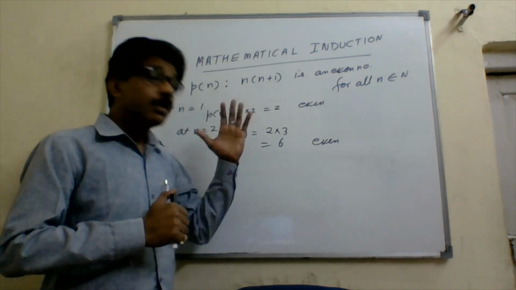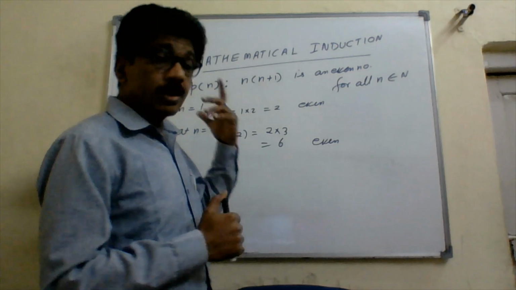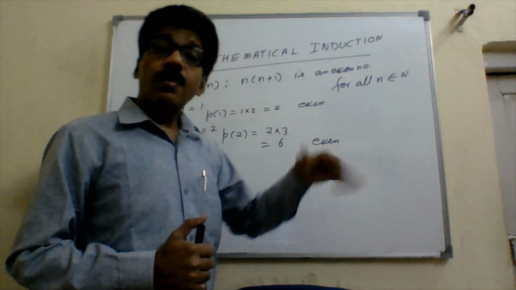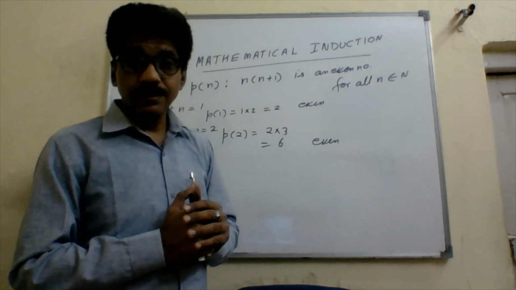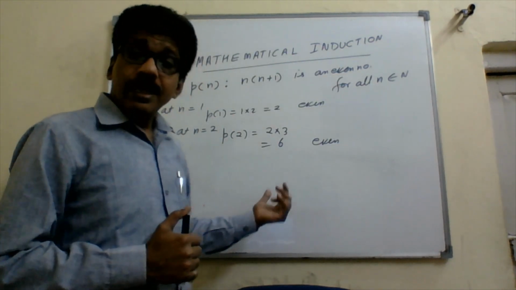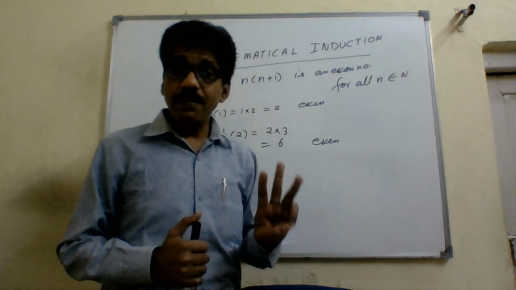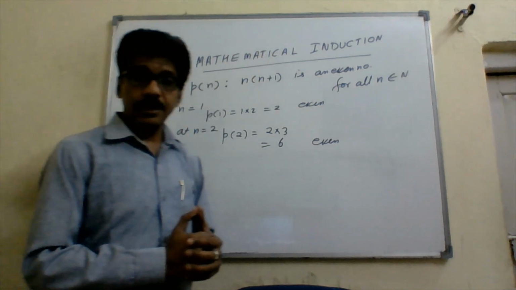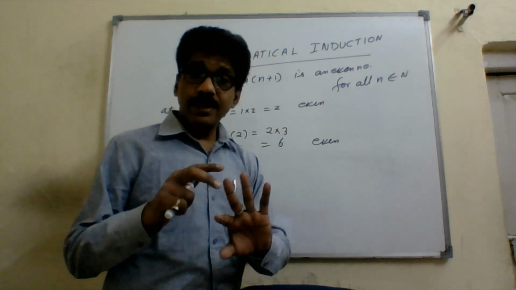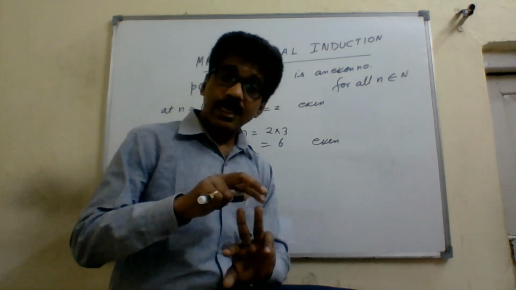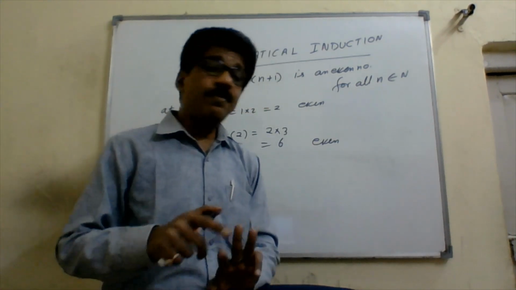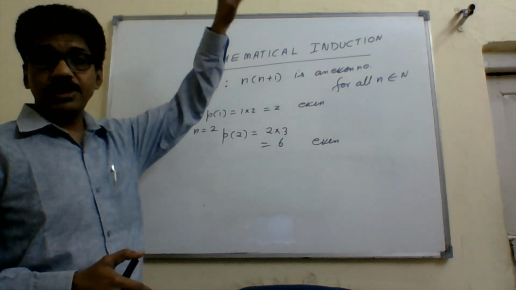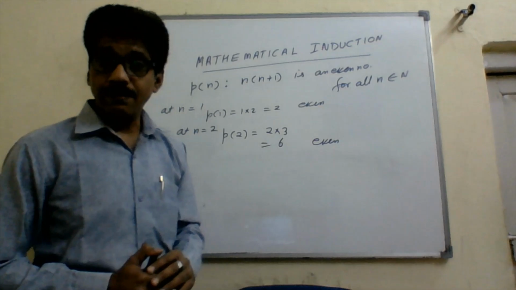So for those cases where the given statement is true for all natural numbers, we have a method, just a 3-step method, which is called the principle of mathematical induction. If all the 3 steps are satisfied, then we can very easily say that this statement is true for all natural numbers, all infinite natural numbers.